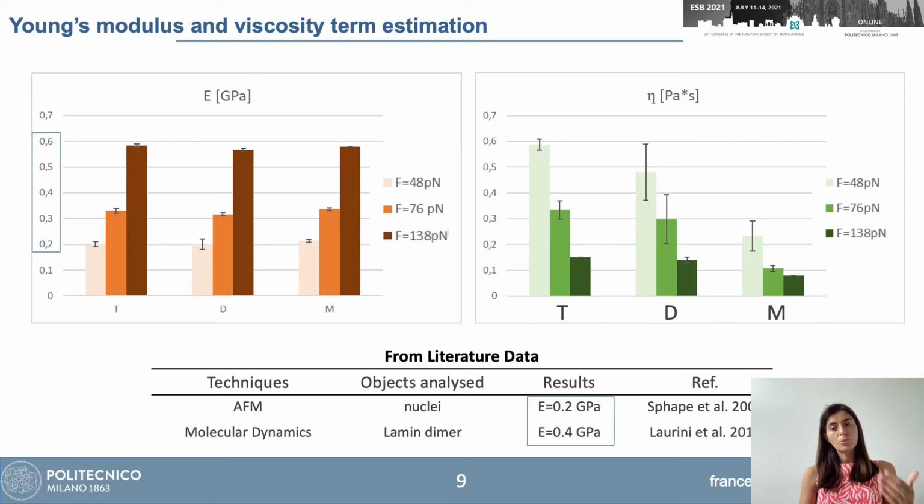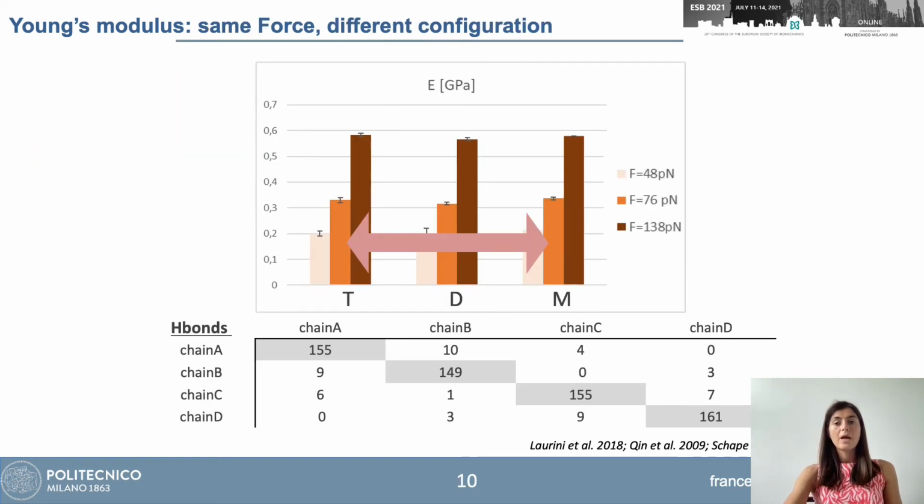And this aspect supports the reliability of all the estimated parameters, even though no data are yet available in literature for the viscosity term. Analyzing in detail the collected data at the same force value, the Young's modulus doesn't change from monomer to tetramer configuration, suggesting that it is mainly influenced by interchain bonds, which are almost constant among all the configurations.